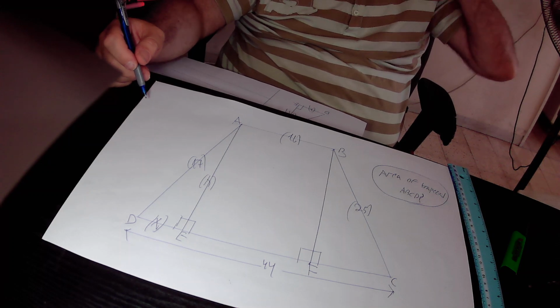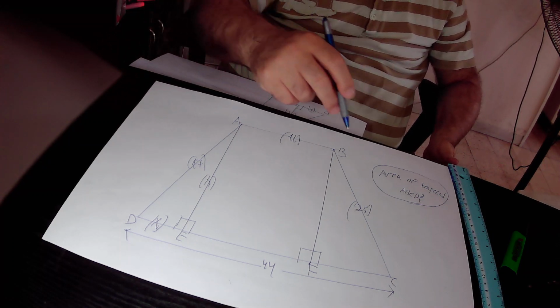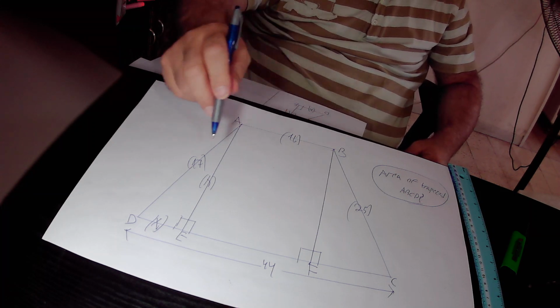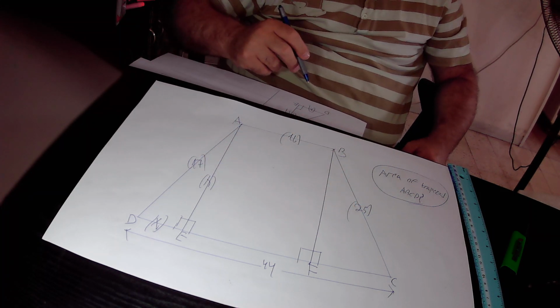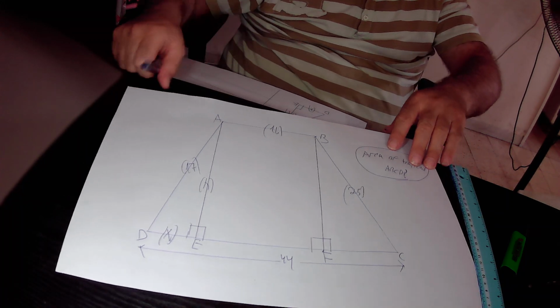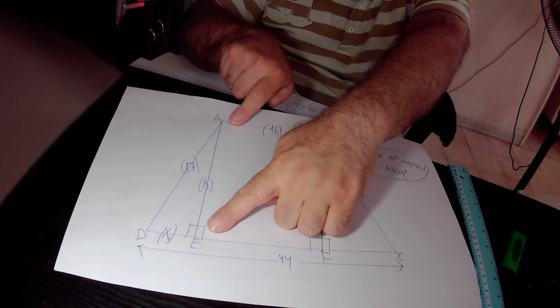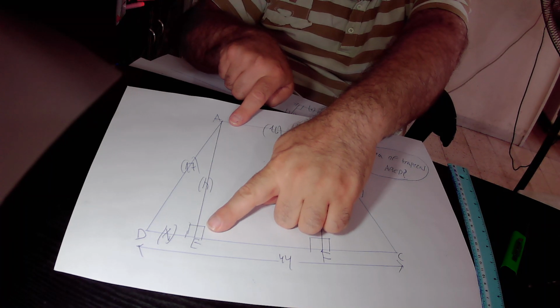So here, we know that ABCD is a trapezoid, and therefore side AB is parallel to side DC. Those two angles are both located between the parallel lines AB and DC, and therefore they are defined as interior angles.